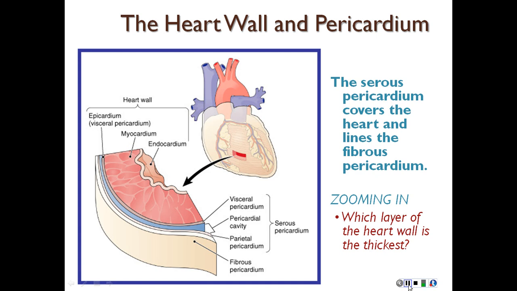And there you see a little bit of the detail there. The endocardium lining the inner chambers of the heart, and then the thick middle layer, which is the myocardium, and then you have the epicardium, which is part of the pericardium.